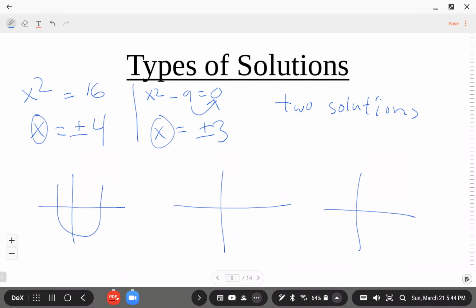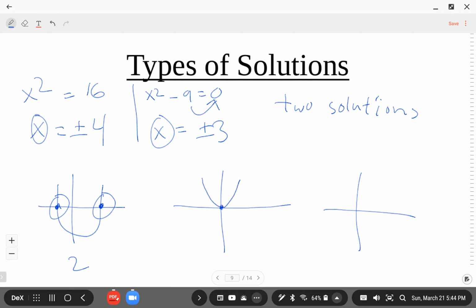So normally, here's a parabola. There are 2 x-intercepts, two answers, and then 2 solutions.